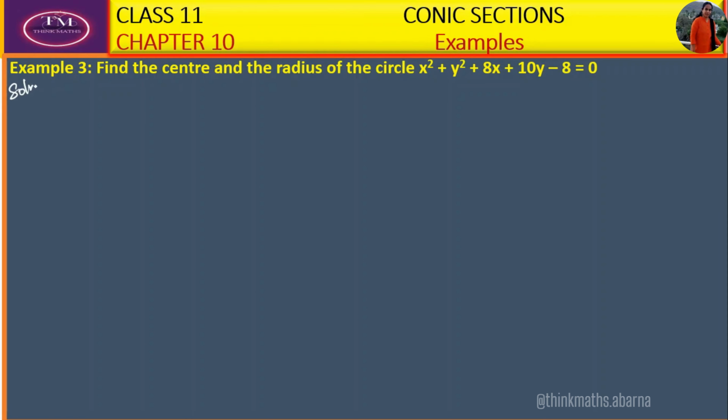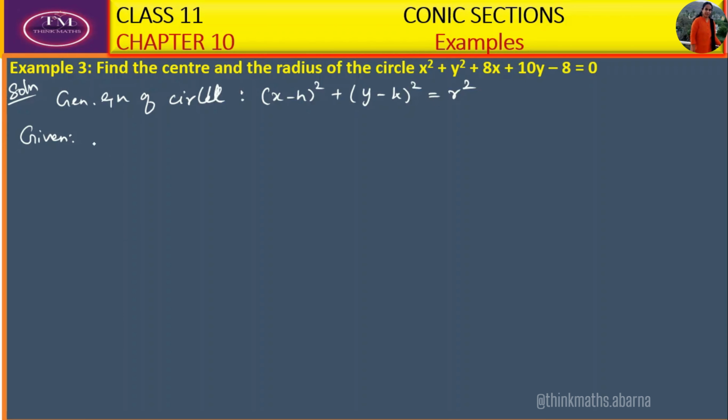The general equation of a circle is x minus h the whole square plus y minus k the whole square equal to r square. Now what is given? It is given that x square plus y square plus 8x plus 10y minus 8 equal to 0. Now we have to convert this to the general format.